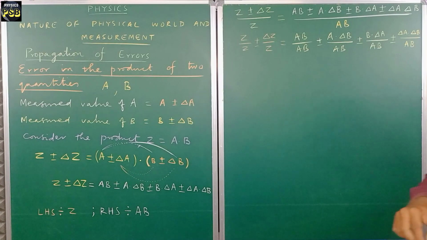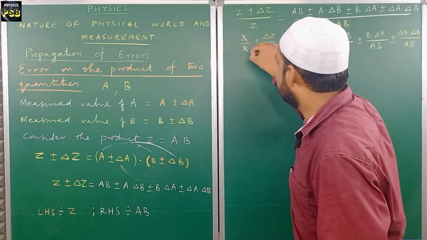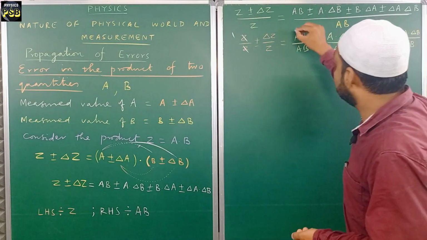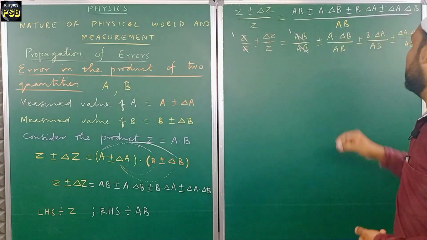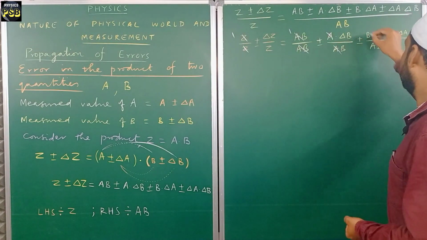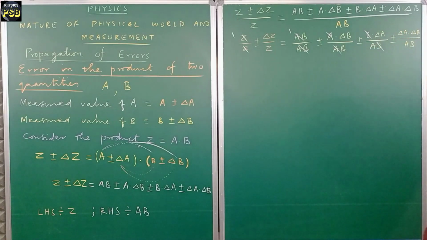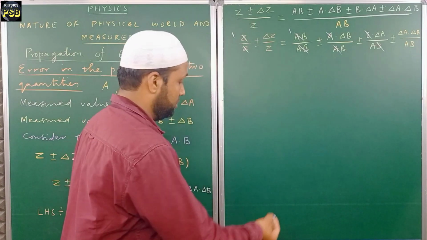Okay. Now here this AB gets cancelled and what you get is 1. The same thing happened here as well. This AB gets cancelled and we obtain 1. Here A and A get cancelled. Here B and B get cancelled. Fine. So let's find out what we get in the next step.